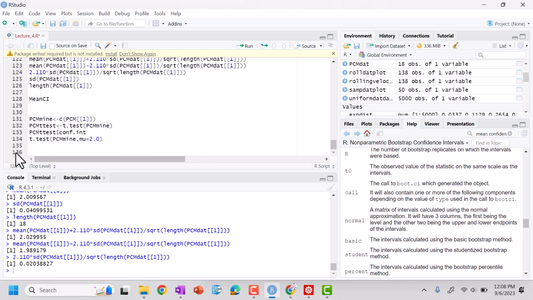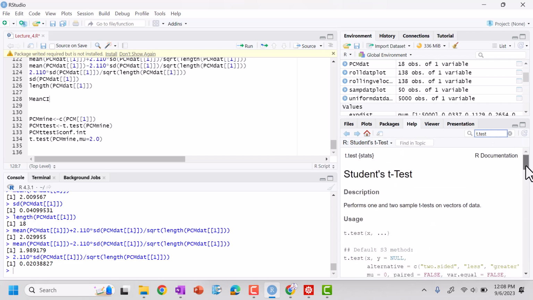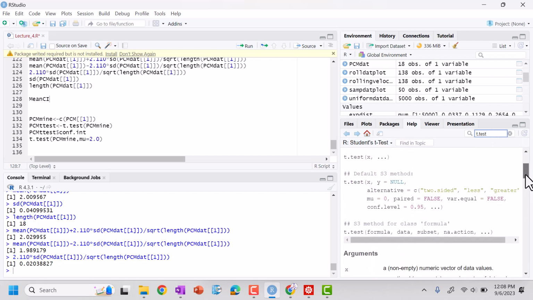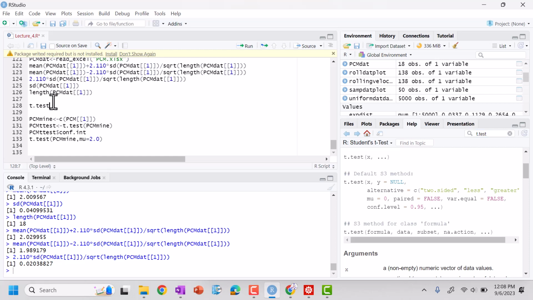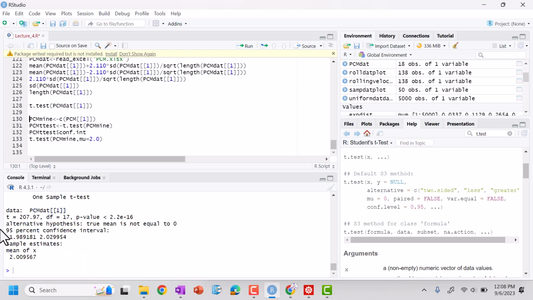And one of a better way to do it actually is from something called a t-test. So we can actually get t-test, and you can see some of the things that come out from that. So I could look at my PCM. I could do t-test times PCM dat bracket 1, and you can see these are my confidence intervals there.